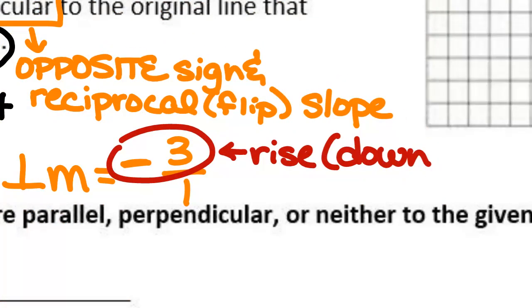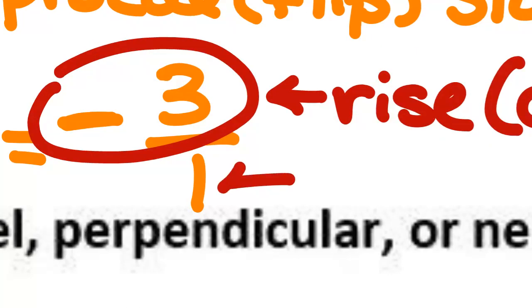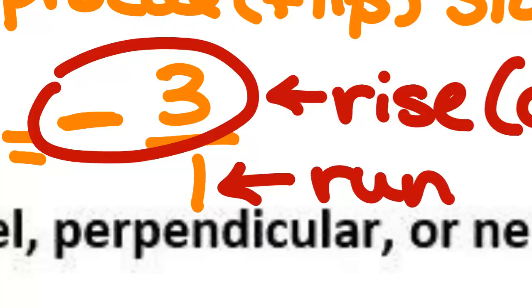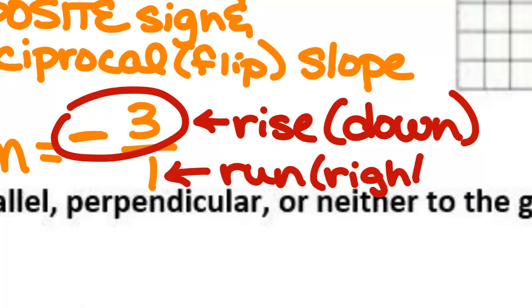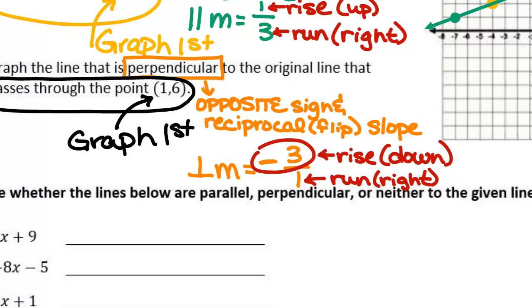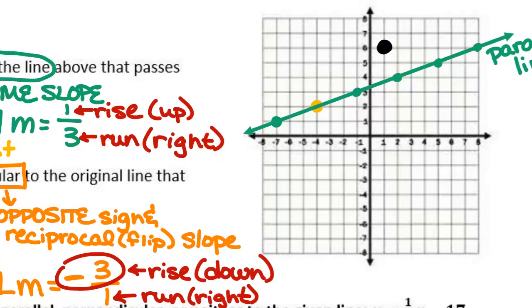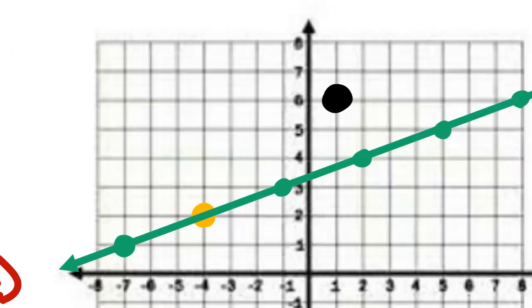My run is still a positive number, so I'm going to run to the right. If I had put the negative with my denominator, then I'd be going up and left. So from that black point that I plotted, we go down 3 and right 1.